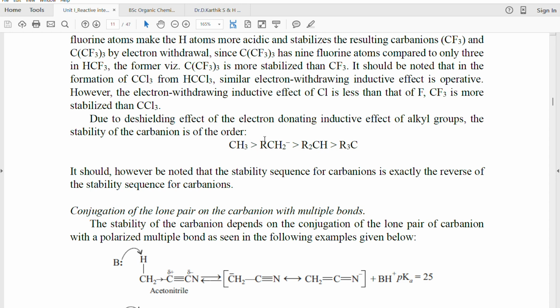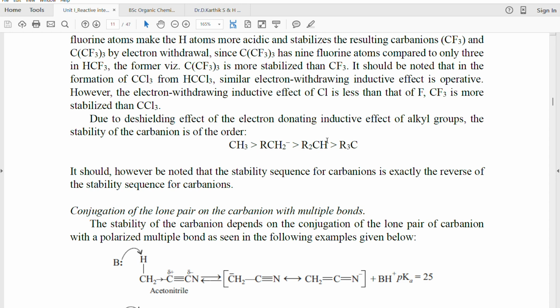Okay, so you can see the carbanion stability here. The simple methyl carbanion, CH3 minus, is the most stable when compared to the primary carbanion, secondary carbanion and tertiary carbanion.